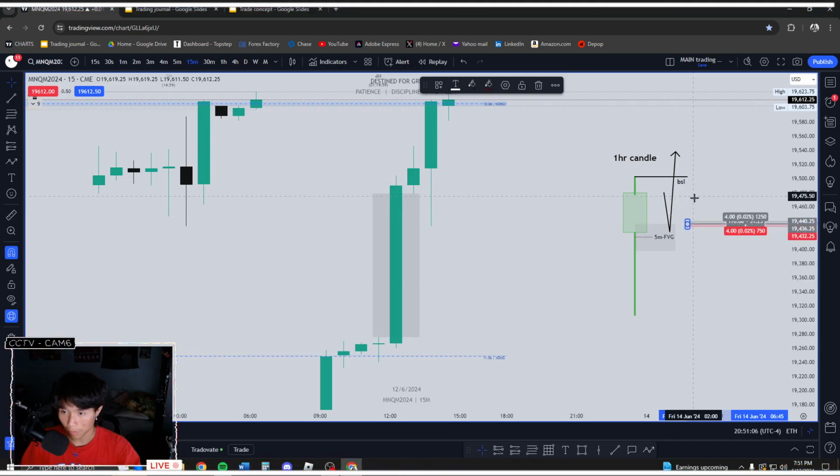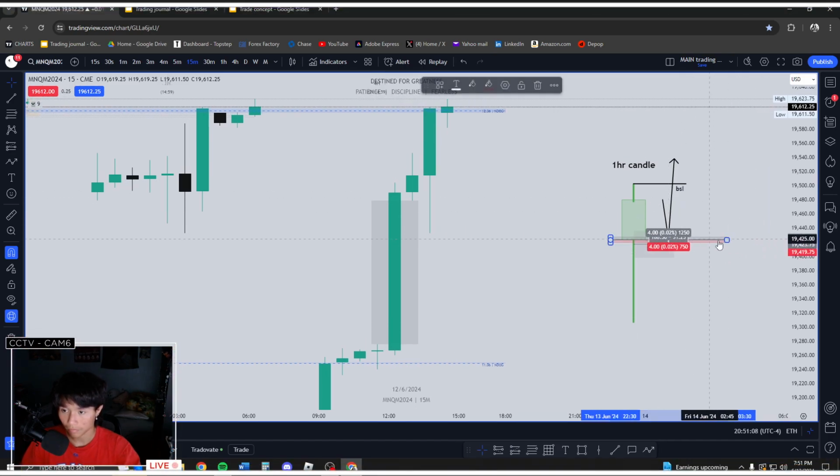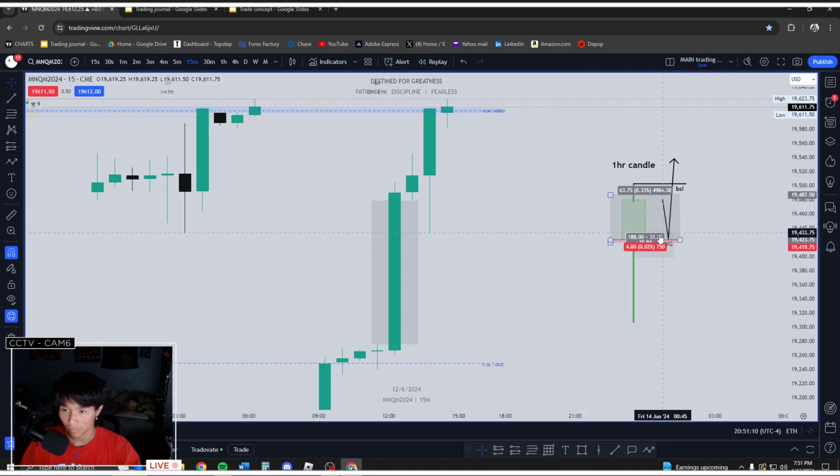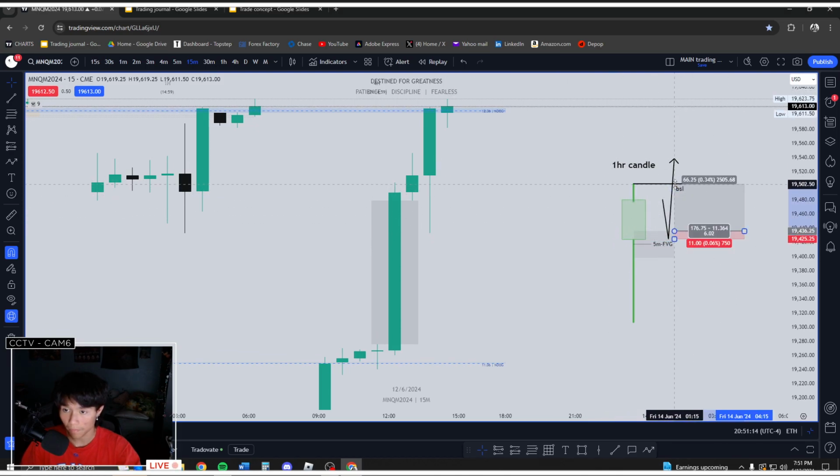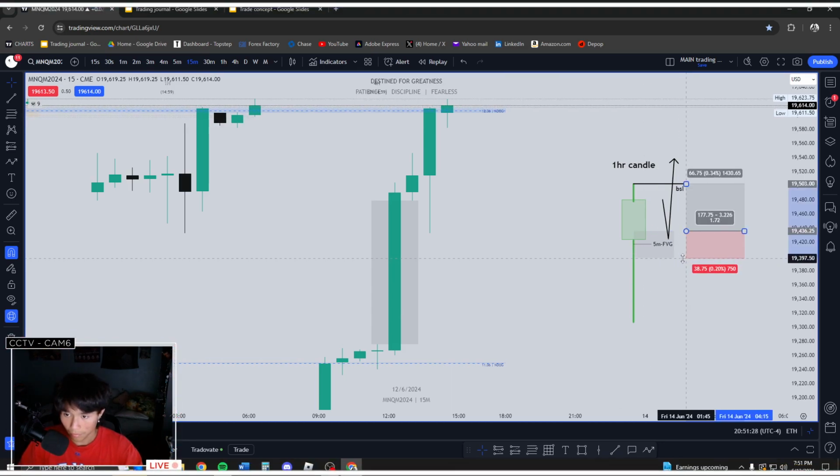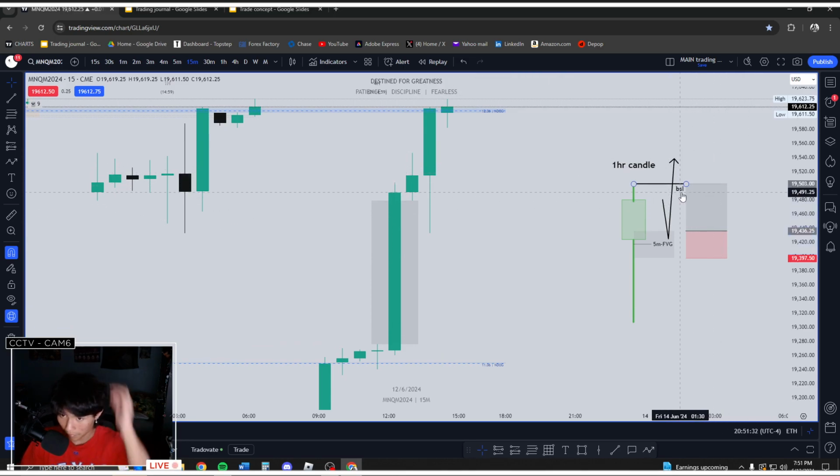The objective was going to be that hourly high. And stops probably outside. So let's just say there's that 5-minute FVG just at the body. Right there, that would have been my trade.